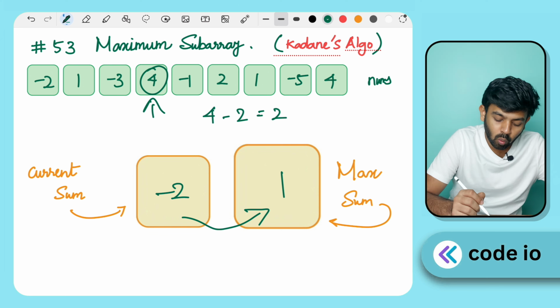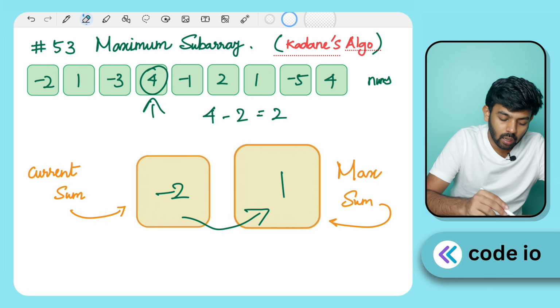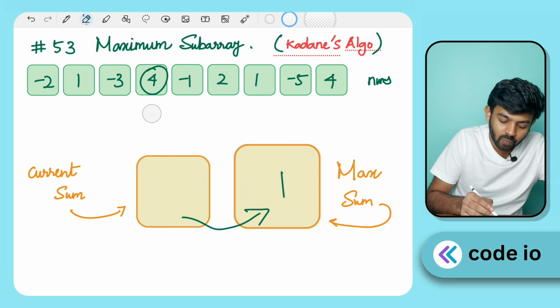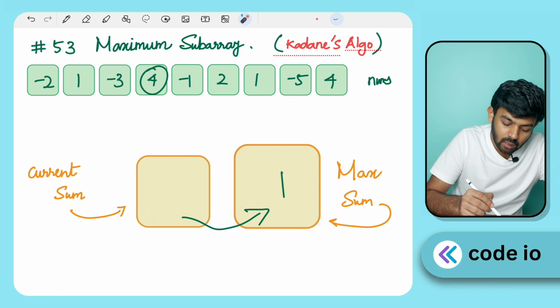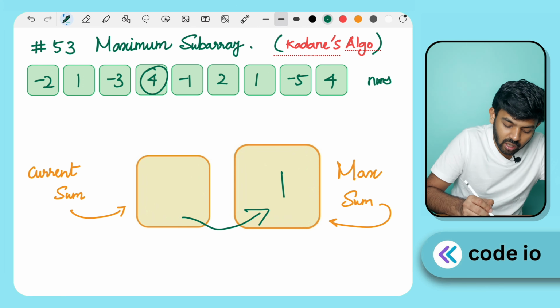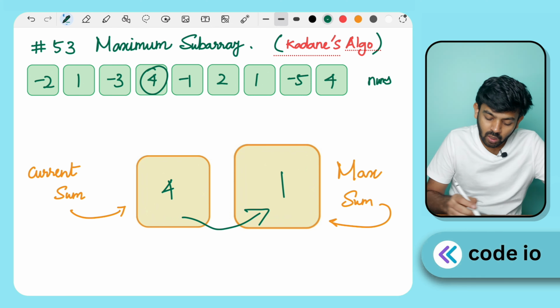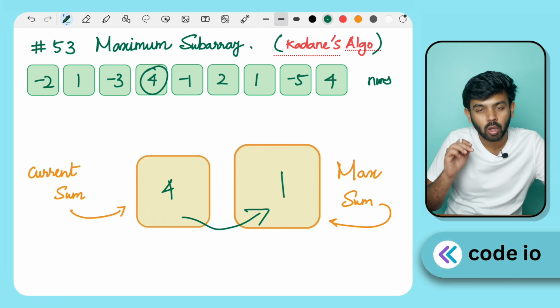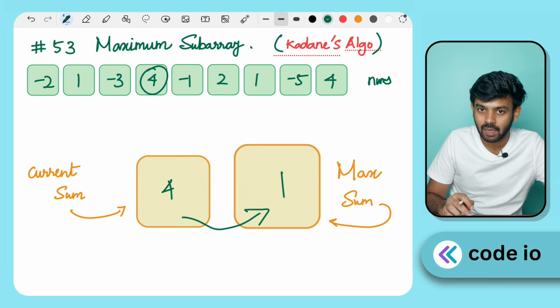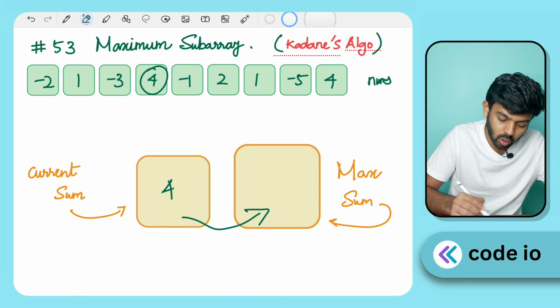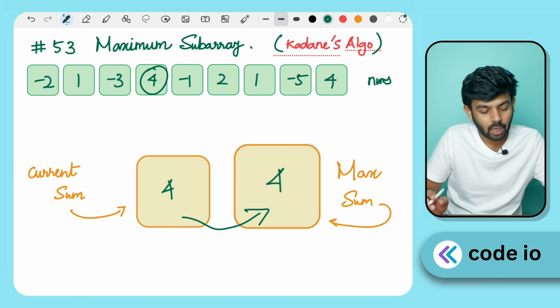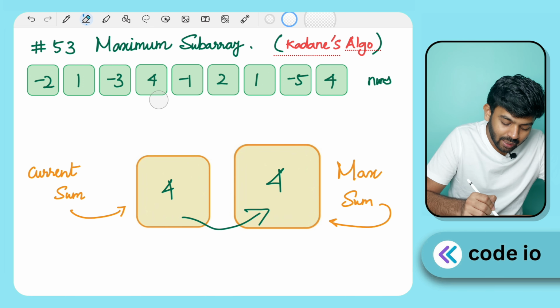So what you're going to do is delete the value that you have in your current sum, and place this 4, which is your nums of i, into your current sum, which is 4. After this iteration, you're going to update your maximum. So 4, is it greater than 1? It's of course greater than 1. So you're going to update your maximum. That becomes 4.